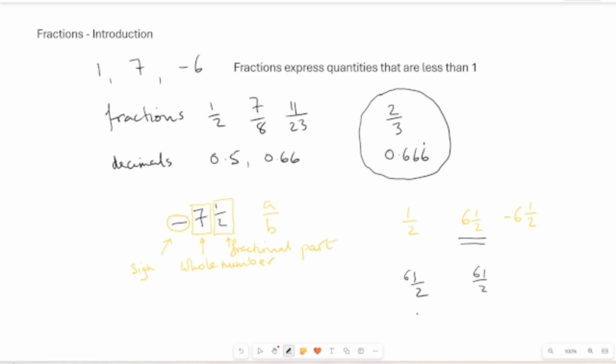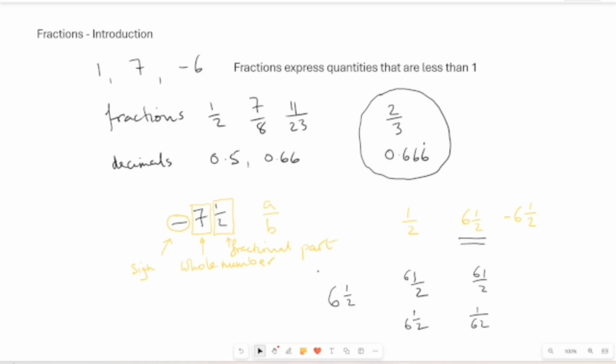Don't put it on the bottom or make it look as if it's attached to the bottom like that, because that could be mistaken for 1 over 62. So the proper way to write it is with a big 6 and then the fractional half a little bit separate and clearly distinguishing which is the whole number, which is the fraction.